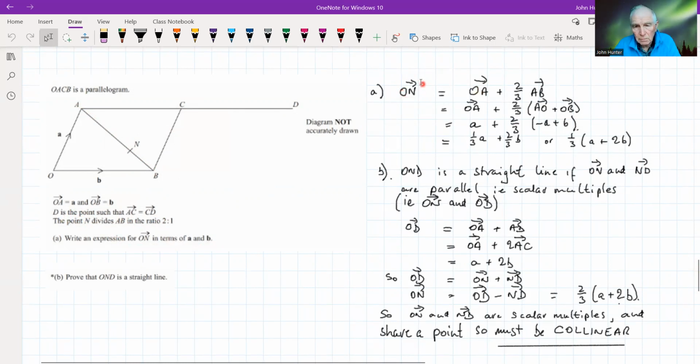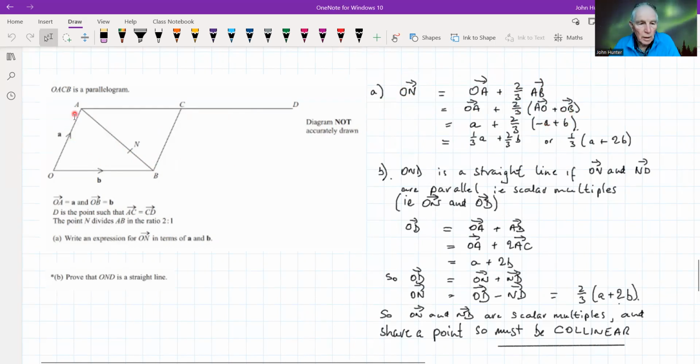Okay, so here we go. ON equals OA plus AN. I missed a step out here, because AN, as I said, is 2/3 of the way along from A to B, so I've just written it as 2/3 AB. Then rewrite that as OA plus 2/3 of, again, here's our expansion, AO plus OB.